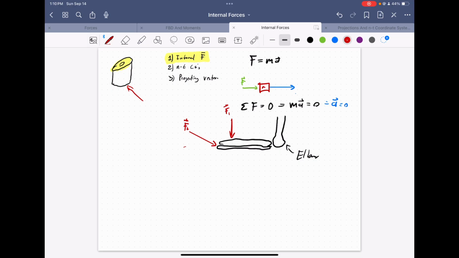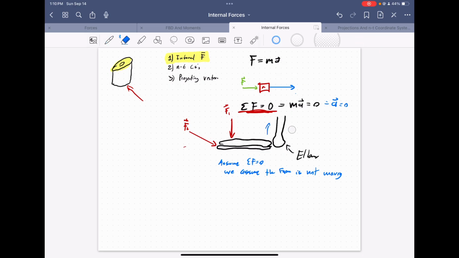But if we assume static equilibrium, we assume sum of forces equals zero, we then assume that the forearm is not moving, right? So we assume that this is not moving because the guy's elbow isn't getting dislocated and he's flexing his muscles, which is holding the arm still.